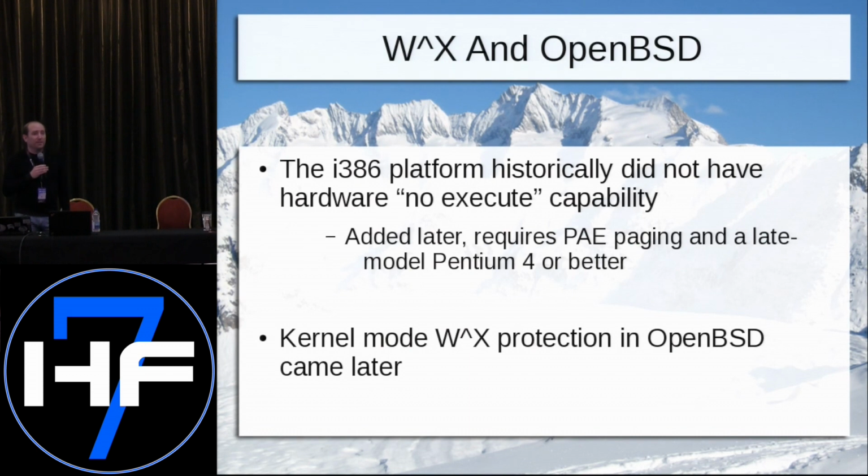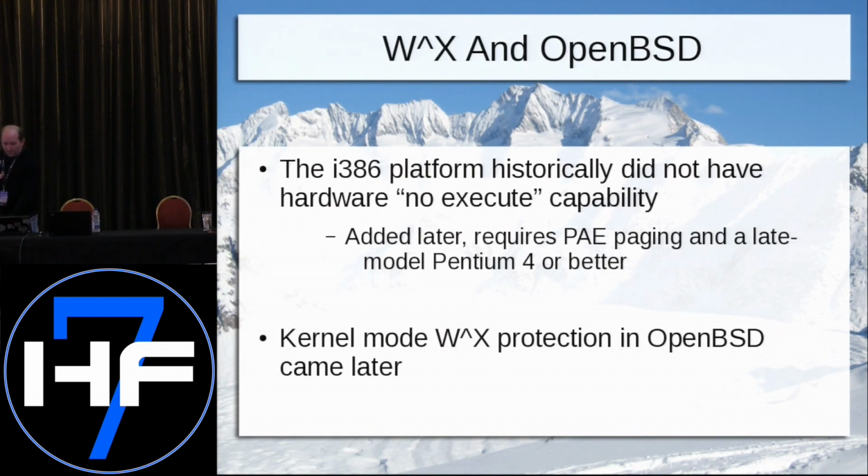So that was a long time ago. But you also have to have a processor that supports the execute disable bit, and that came in later models of the Pentium 4. That's why we started with other architectures. As I'll talk about today, kernel mode W^X support lagged behind in OpenBSD for a long time.